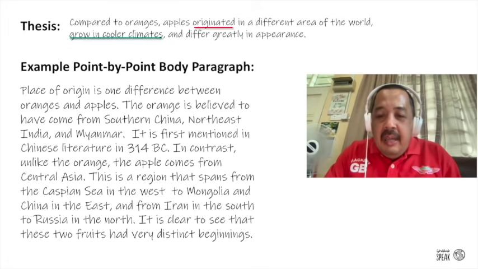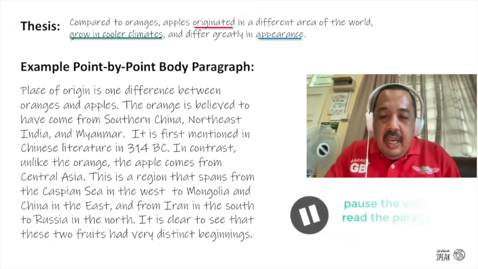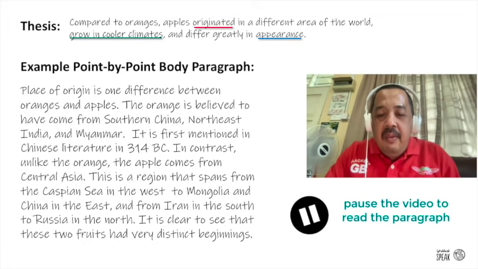Now we look at the second point of comparison, which is cooler climates, and the third one is the appearance. Now you might want to pause the video here for a second and read the body paragraph so that you have a better understanding of what I am going to say next.